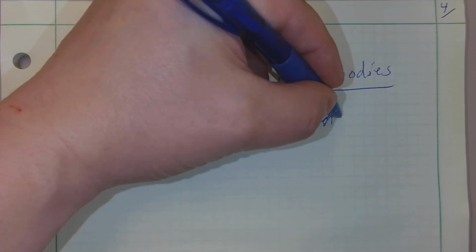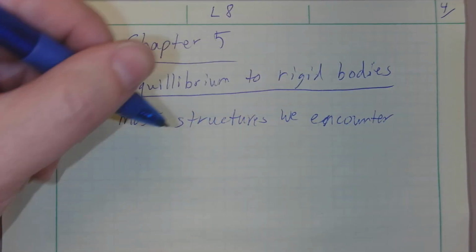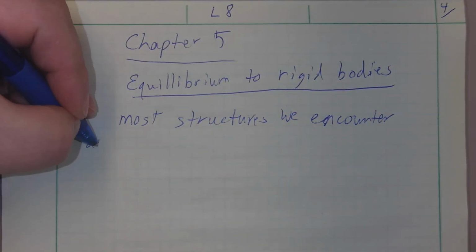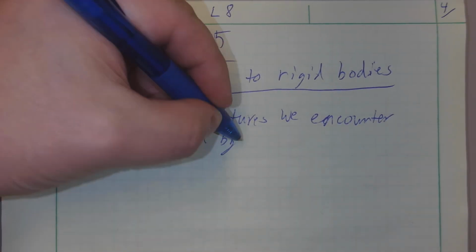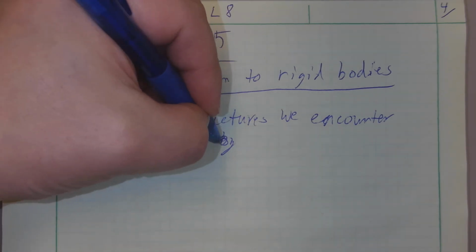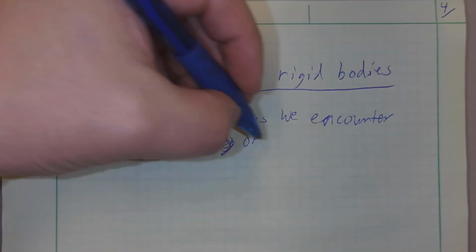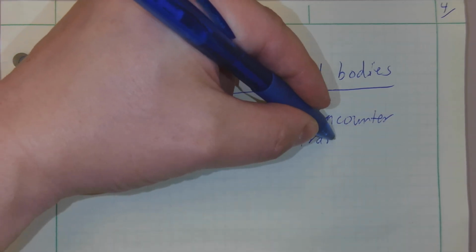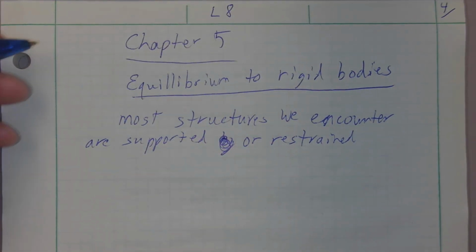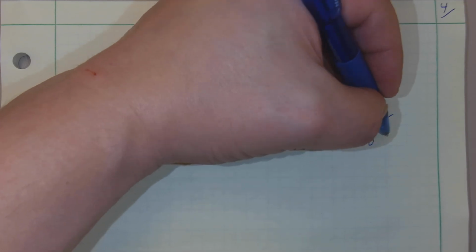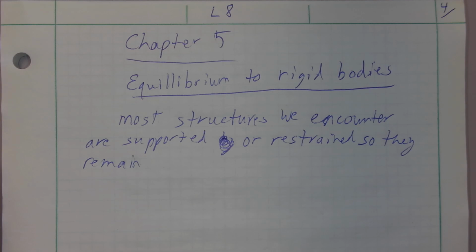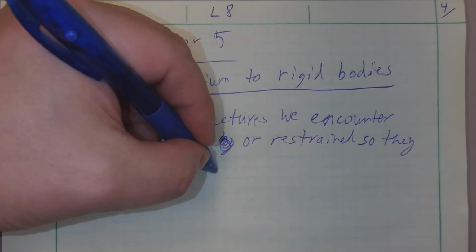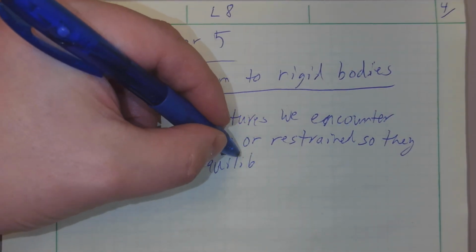So what we find is that most structures we encounter are supported, or let's say restrained, so they remain in equilibrium.